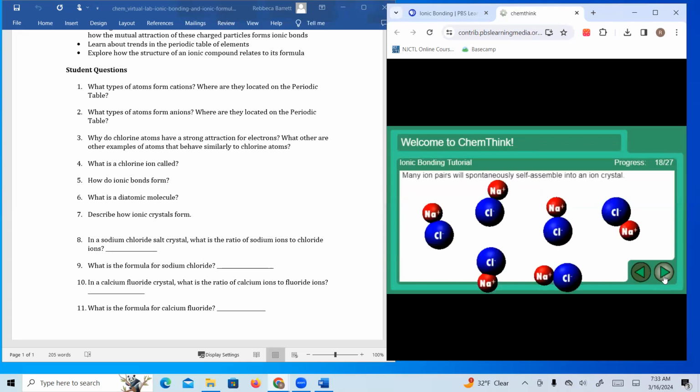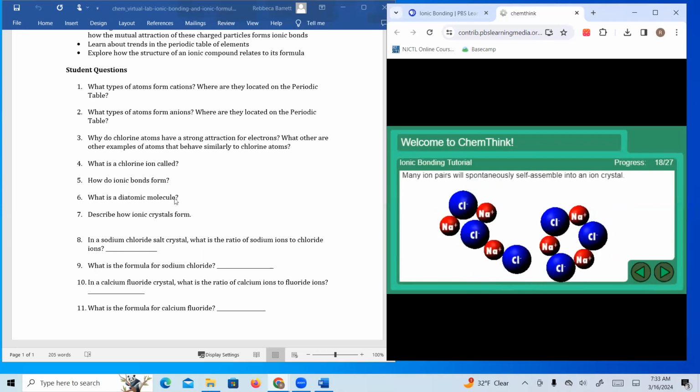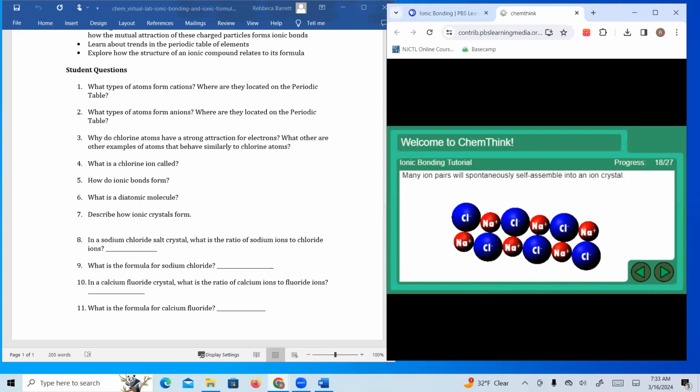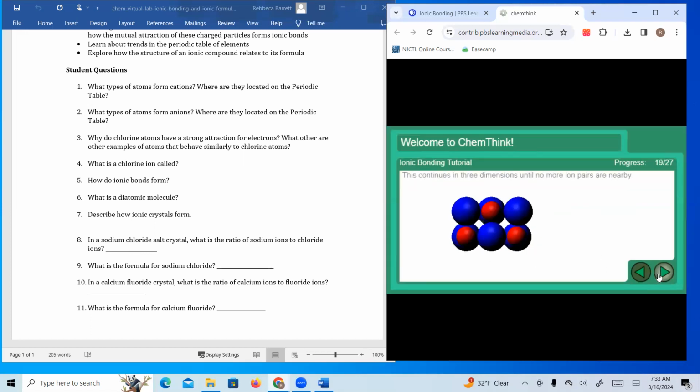Many ion pairs will spontaneously self-assemble into an ion crystal. So again, thinking about our questions over here. Isn't that cool? So how does that happen? Because the positive ion is attracting other negative ions, and the negative ions are attracting other positive ones.